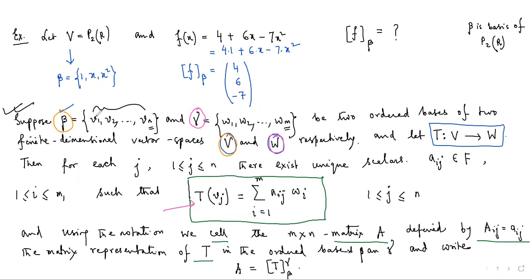They are choosing the basis elements of the vector space V, and they are trying to represent the transformation as a linear combination of the basis elements of W, the basis of the codomain or range, which I am going to do right now.